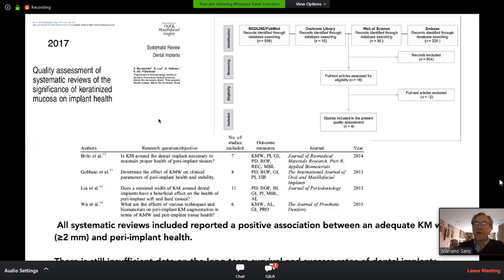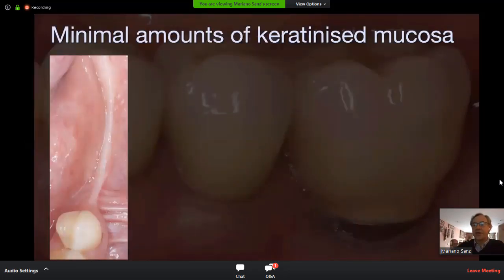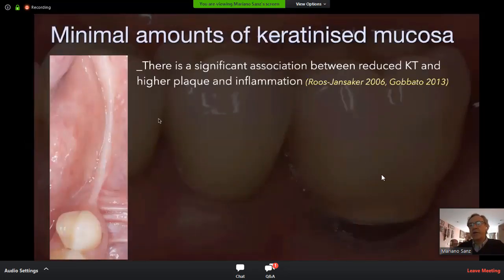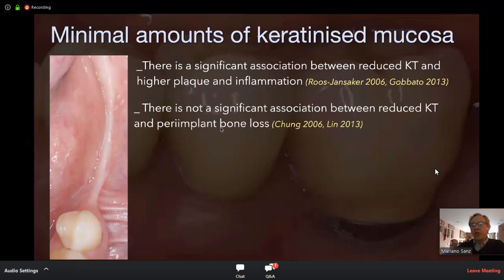But basically, the summary of all these reviews and background papers is that there is always a significant association between the reduced amount of keratinized tissue and plaque and inflammation. However, we don't have evidence that the reduced amount of keratinized mucosa is linked with peri-implant bone loss.